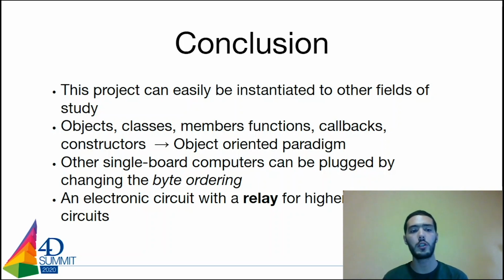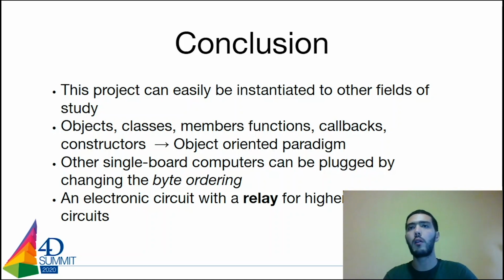What were our achievements? This project is in fact a general project that can be easily instantiated to other fields of study. In the same way we have decided with our humidity and temperature sensor to save its data, we can use this data with conditions to make an expert decision.